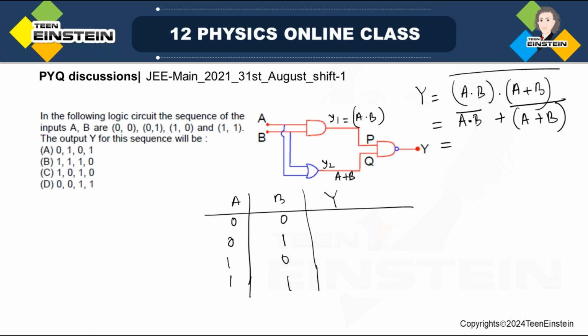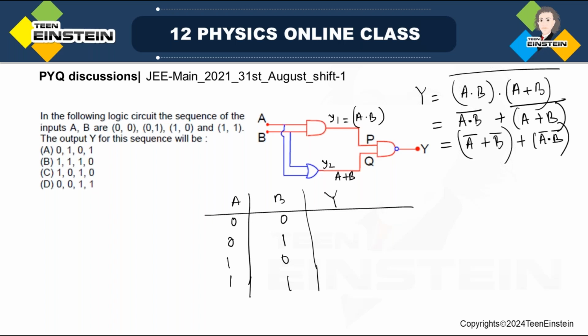Now this is fine if you want to keep it, otherwise you can write A or B separately, and this thing you can write separately as A and B bar, like this if you want to keep it.